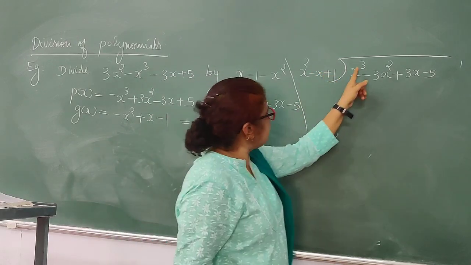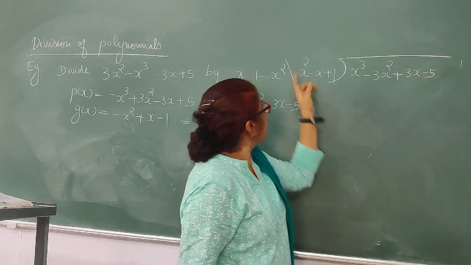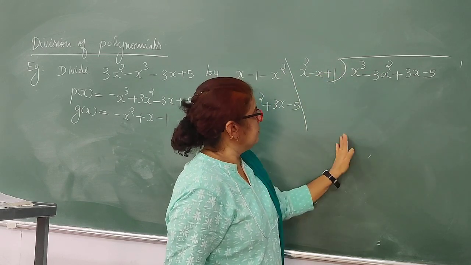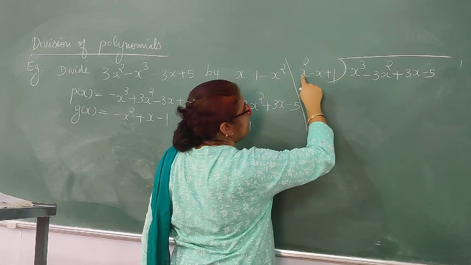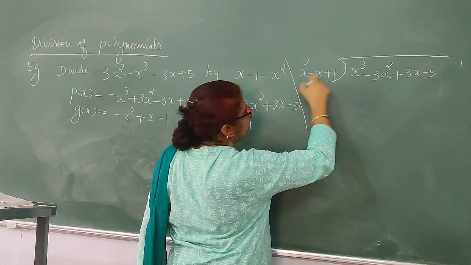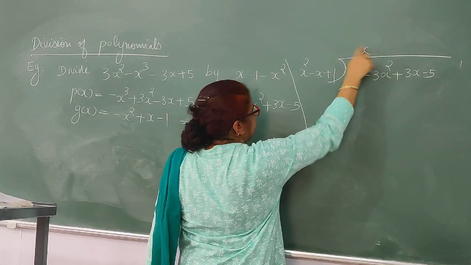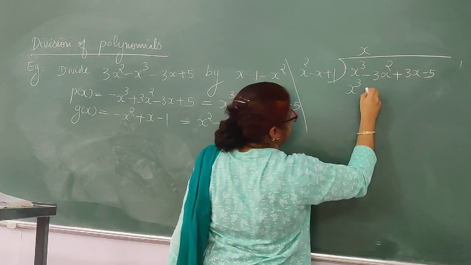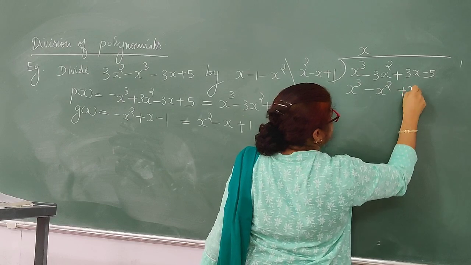One more thing we have to see: 3, 2, 1 and 0 descending order, and here 2, 1 and 0. Both are in descending order of degrees. Then start division. First term divided by first term. x cube divided by x square is x. Multiply x into x square: x cube minus x square plus 5x.